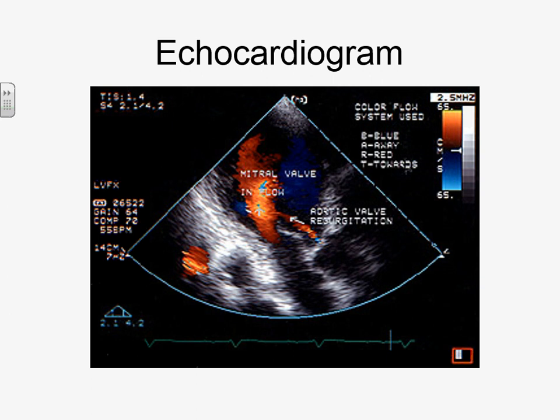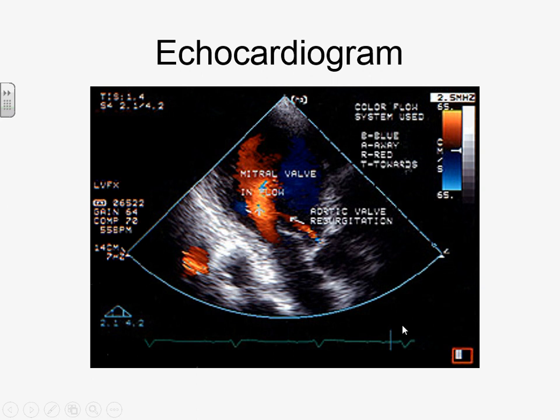And what it does is to track blood flowing towards the ultrasound transducer, I think, and away from it. So although we've got red and blue on here, which makes you think, oh, oxygenated and deoxygenated blood, it's not. It's actually flowing towards and away. And it says mitral valve on there, so it's actually looking for leakage through the mitral valve, probably. So it is just another form of ultrasound.